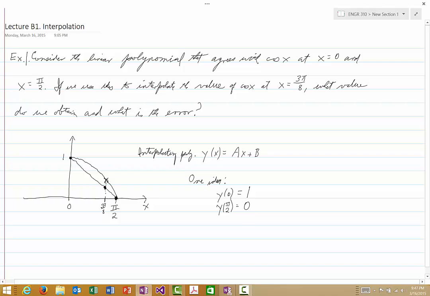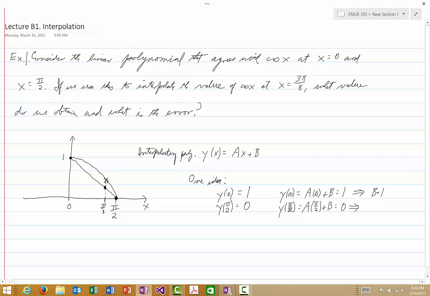Now, if we stick those two values into our expression for y of x, we would get y of 0 is equal to a times 0 plus b, and that's equal to 1, and y of pi over 2 is equal to a times pi over 2 plus b, and that must be 0. And in this first equation, notice that a times 0, of course, is 0, and so we're just left with b equals 1.